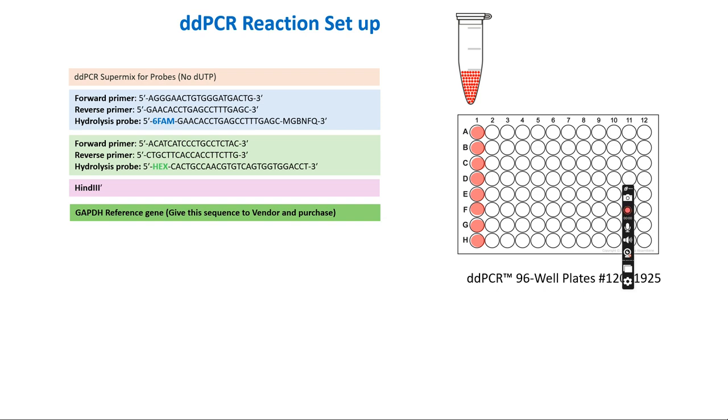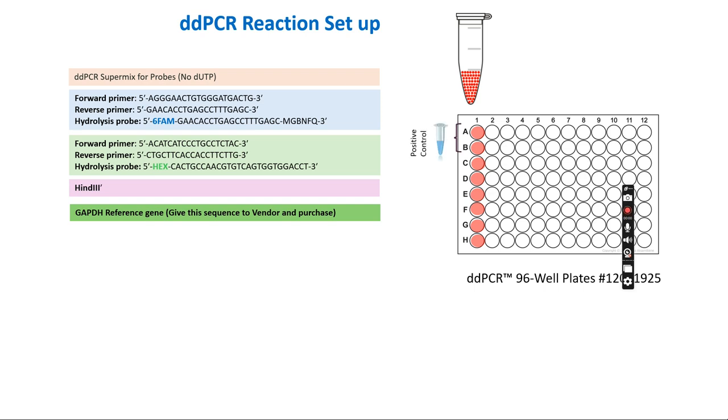Initially you will use your master mix, which you just made with primer sets, probe sets, the restriction enzyme, the reference gene, and supermix, and you will add this master mix to all of your wells. And then the first two wells I will select for my positive control. My positive control is the sequence of the VSVG, which we just talked about in our previous slide.